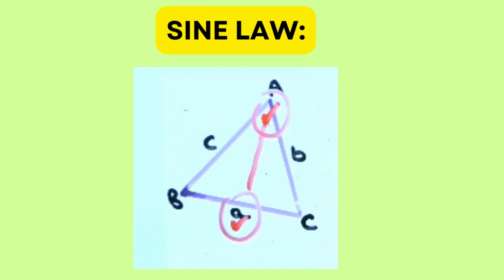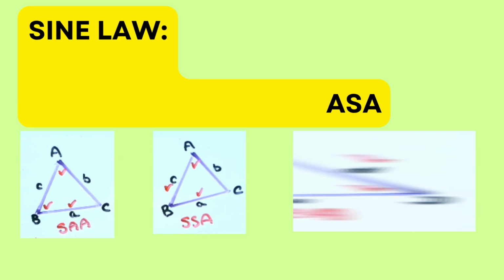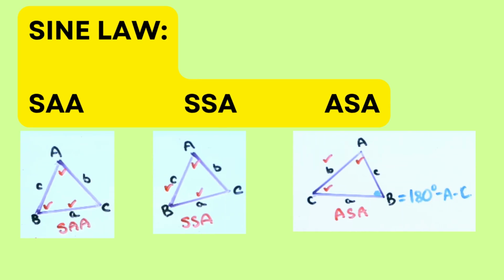Now let's do a quick review. I use sine law when I have a side and an angle opposite of one another, plus one other side or angle. So that could mean SAA, side angle angle, SSA, side side angle, or ASA, which is when I have two angles and I find the third before starting my sine law.